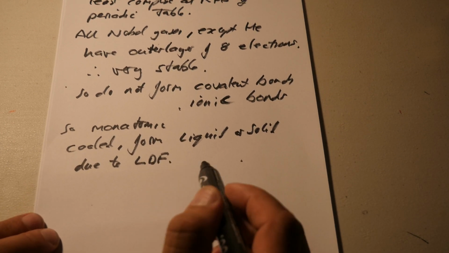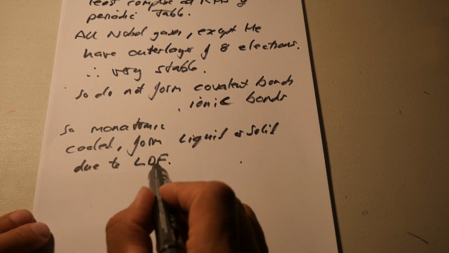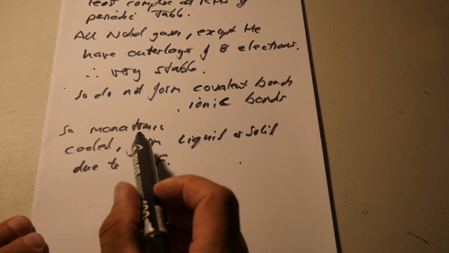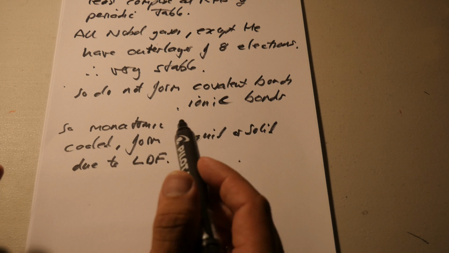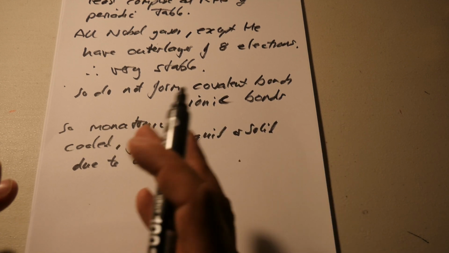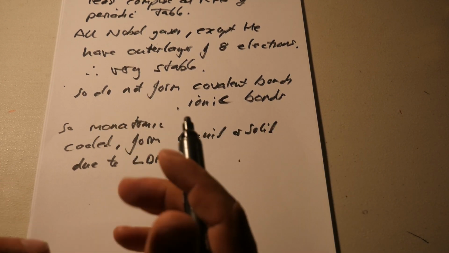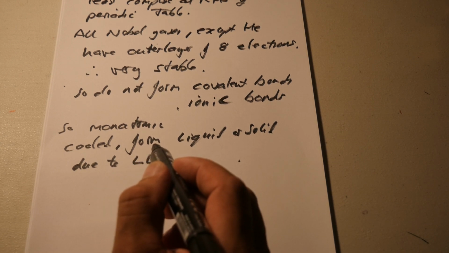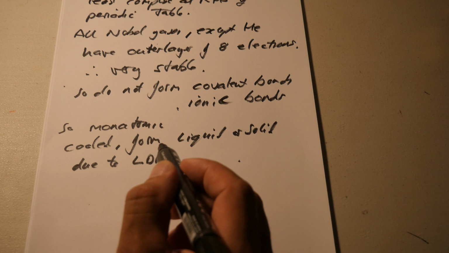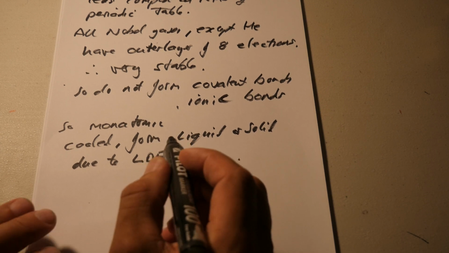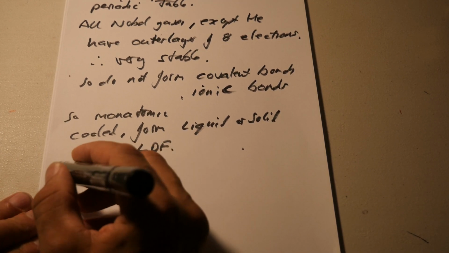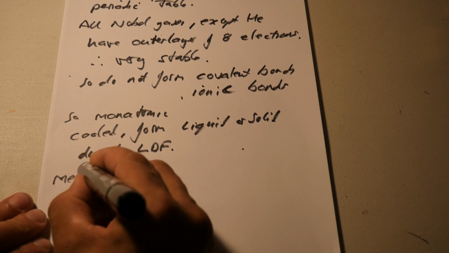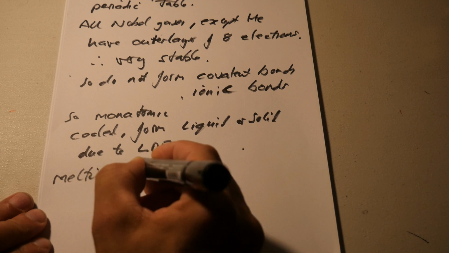The London dispersion forces make the noble gas atoms condense to form liquid and solid as you cool them. These attract the atoms together. Then you get low melting points and boiling points.